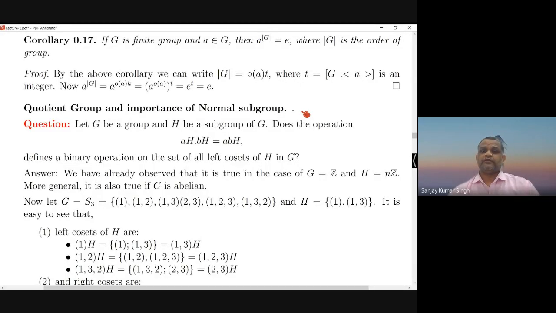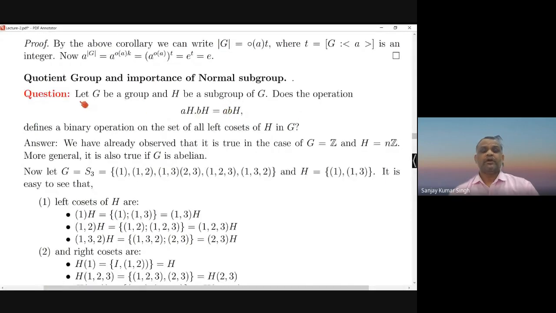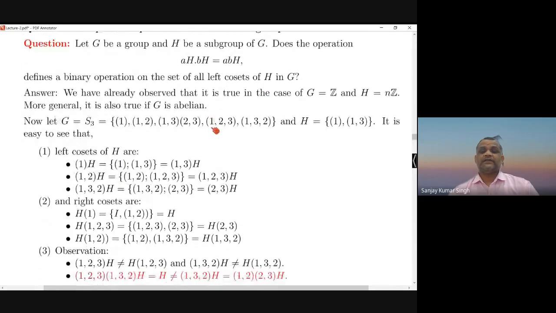So with respect to that relation, the problem can be converted into this. Let G be a group and H be a subgroup of G. Does the operation aH times bH equals abH give a group binary operation on the set of left cosets? Of course, the answer is true.